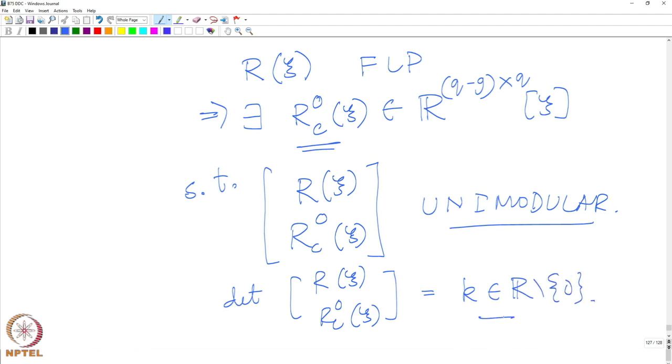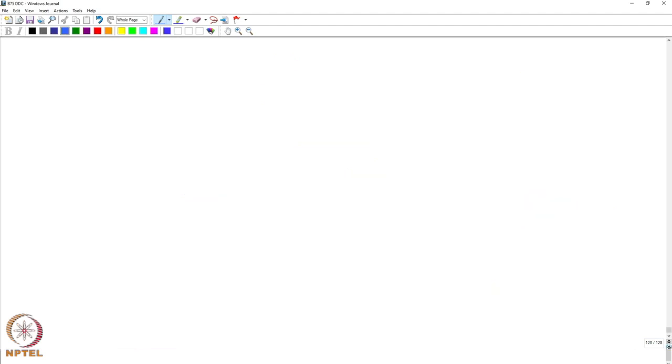That is not enough, right? I need it to be f xi. Now, define RC xi to be like this. Notice carefully, take RC 0 xi, look at its rows.